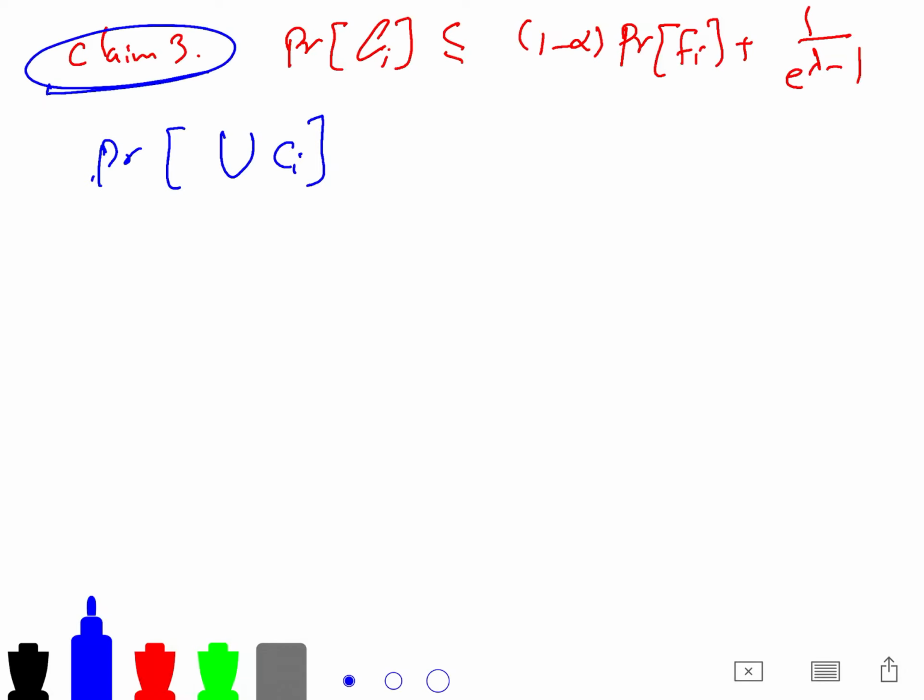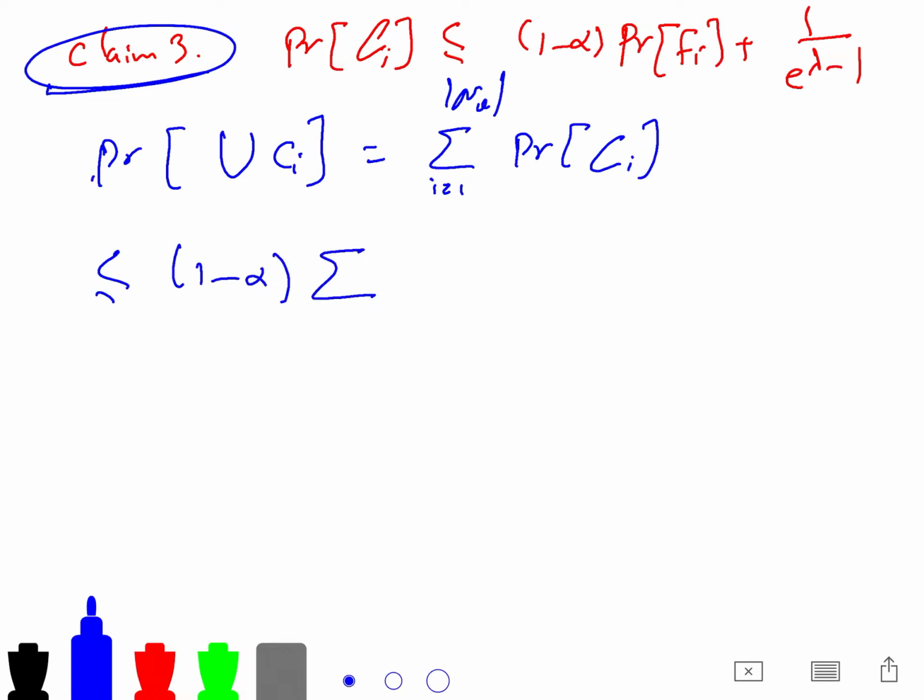I will prove this later, but I just want to continue with the proof that the probability of these events is less than or equal to 1 minus alpha, sum over i from 1 to NV of probability of Fi plus 1 over e.